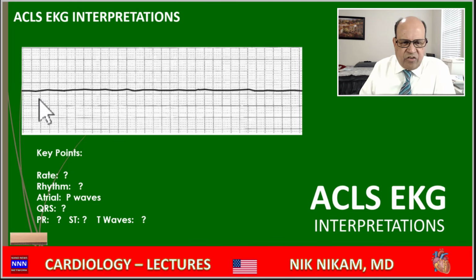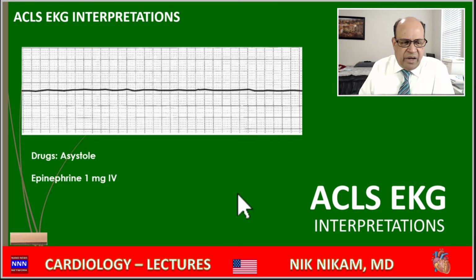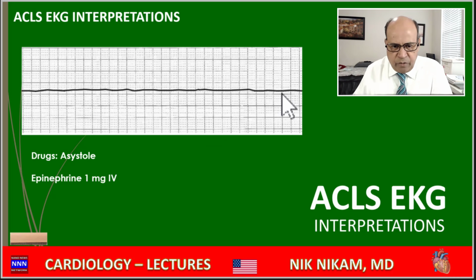All right, here's a straight line, and you've done everything you possibly can, so maybe this is the time to call it done. Asystole. We can try some epinephrine if you are seeing this for the first time, but when you see this, make sure all the electrodes are properly connected, so you're not going to shock somebody whose electrodes are pulled and you're seeing a straight line because of technical issues.